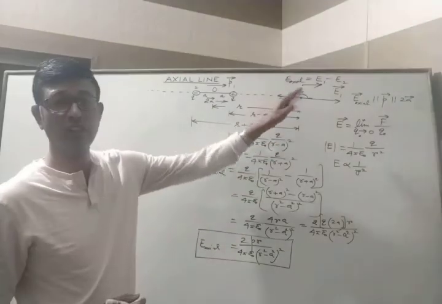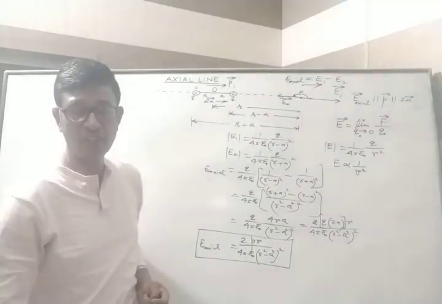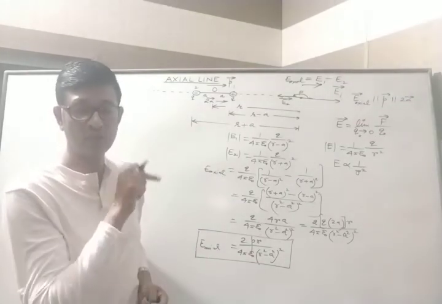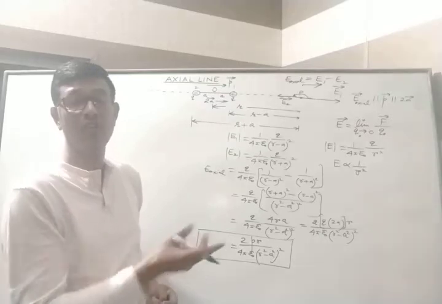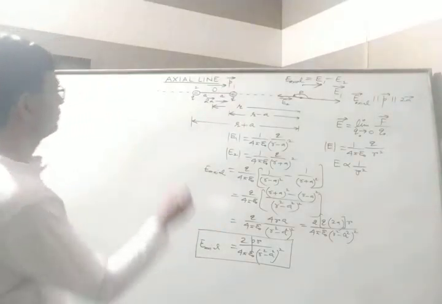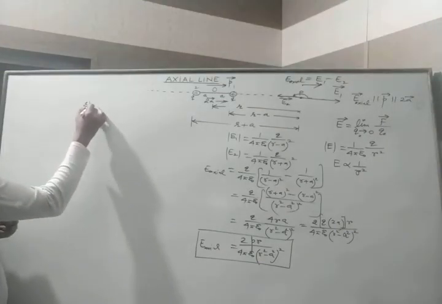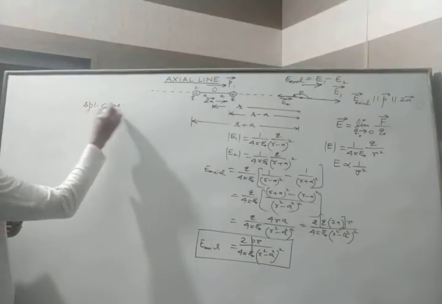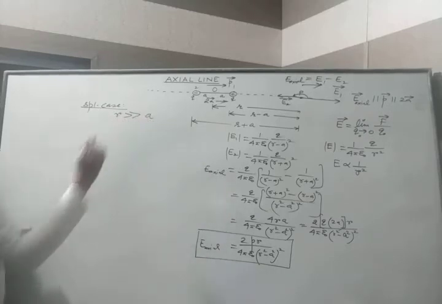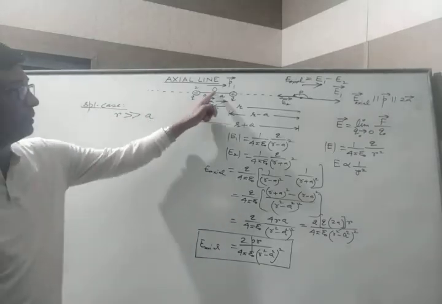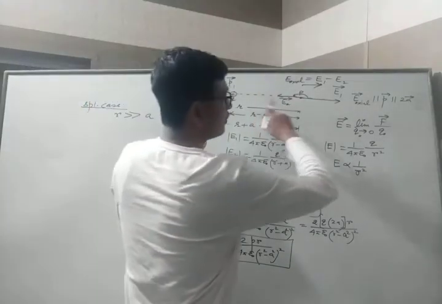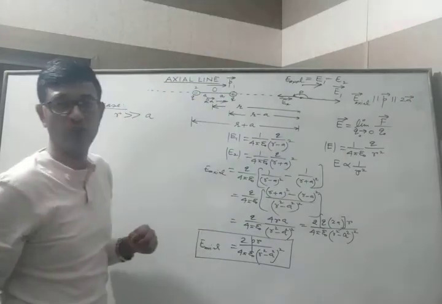And the direction we have already discussed. The direction of E axial is from negative charge to positive charge, that is, along the direction of the dipole moment or along the direction of the dipole length. This is a special case, that is, when the dimensions of the dipole are very, very small as compared to the distance of the observation point from the center of the dipole.